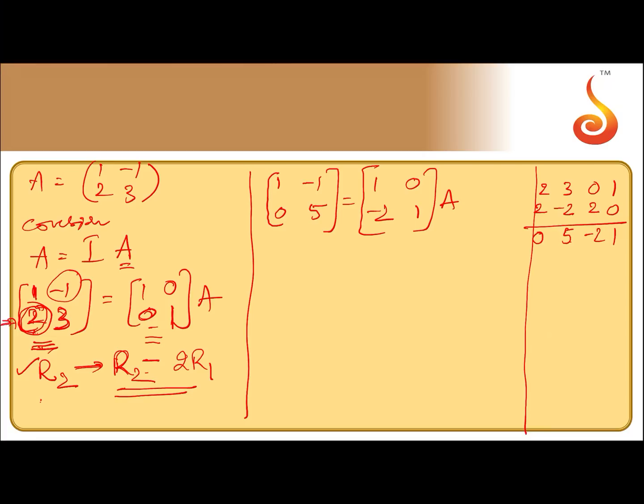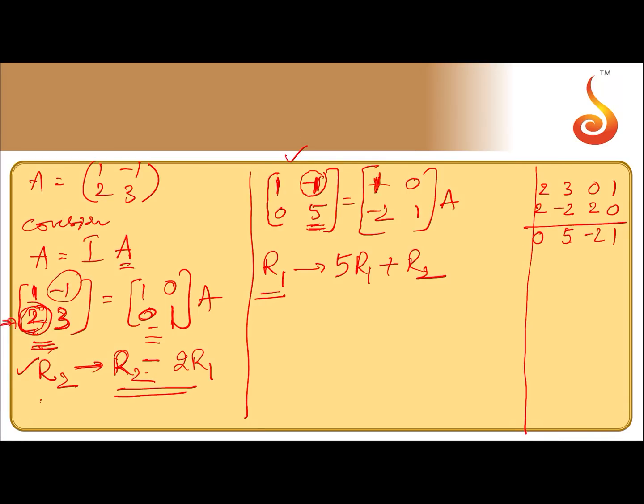Now, my concern is to convert the first one into a unit matrix, meaning this element is supposed to be 0. What should I do? Here I have 5, and only row operations can be applied. So I should change the first row by multiplying it by 5, so that I get minus 5 here, and adding it to R2. But I'm changing only R1, so R2 should be added to the scalar multiple of the first row.